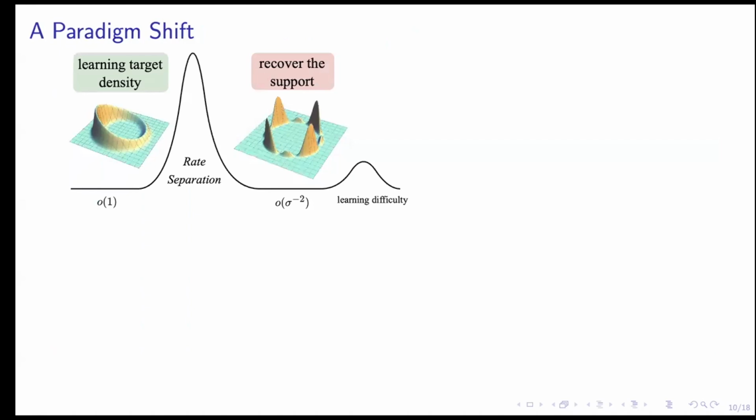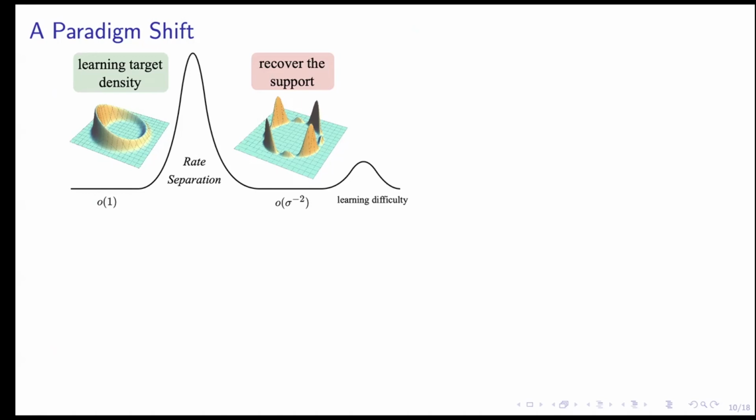Here we advocate a paradigm shift for current diffusion models. In existing diffusion models, we are trying to learn the target distribution, and we show there's a rate separation: learning the target distribution is very difficult. You have to learn your score to be very accurate, as small as o(1), which is not the case in practice.